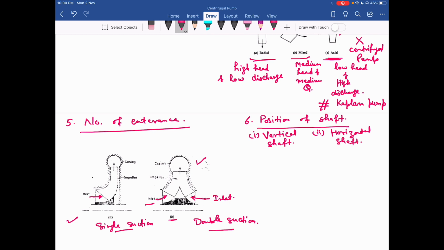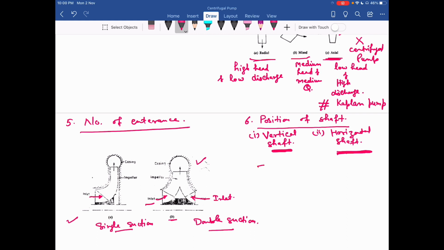Okay, so normally we have horizontal shaft for the centrifugal pumps. However, in case of deep wells, we can use a vertical shaft centrifugal pump.